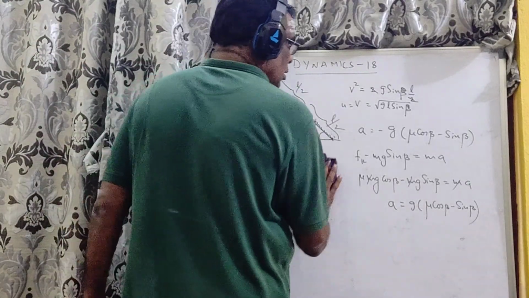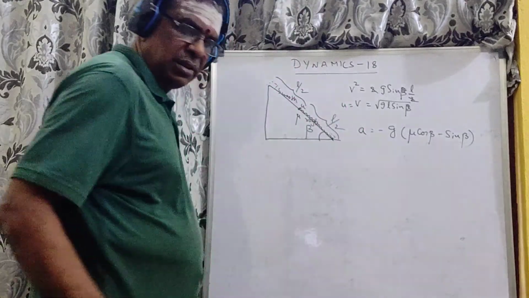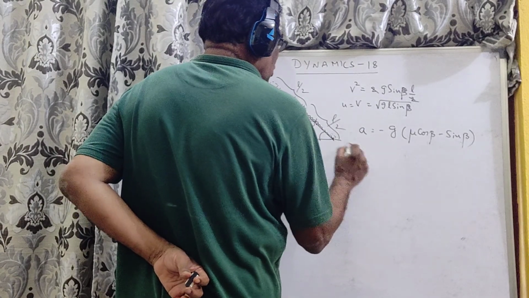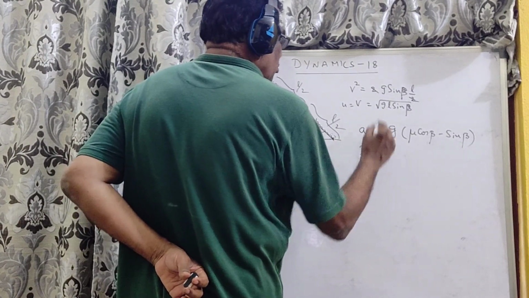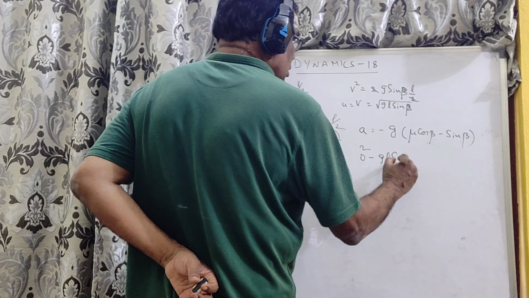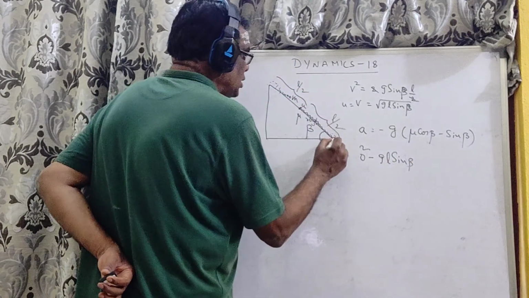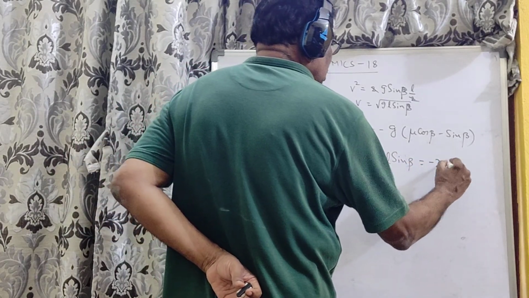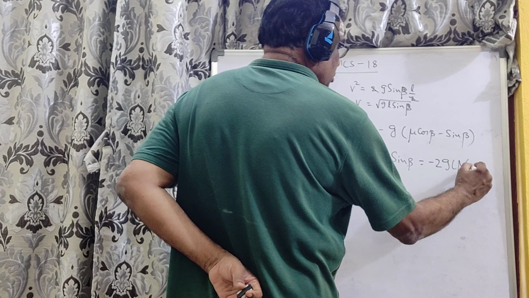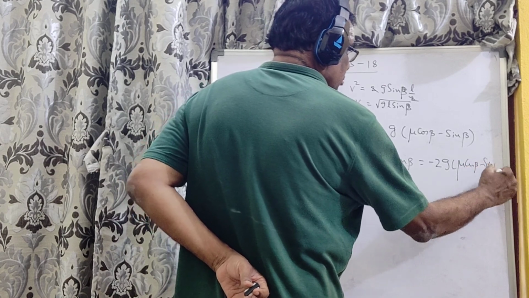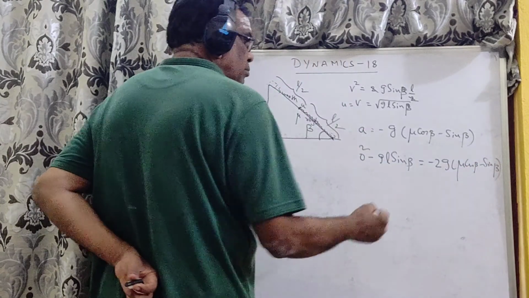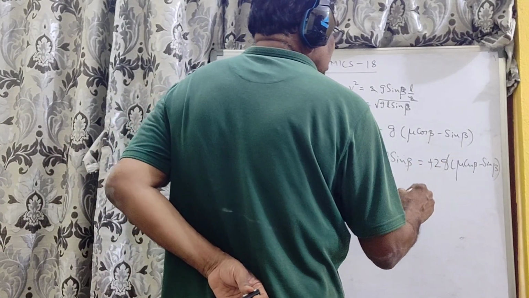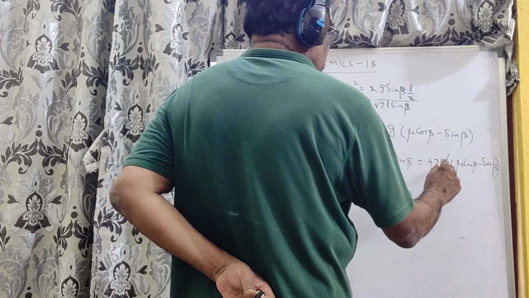Now, right. So, v square, 0 square, minus u square, because velocity is 0 here, the velocity is here, minus 2a, yes, minus gets cancelled, g to as.